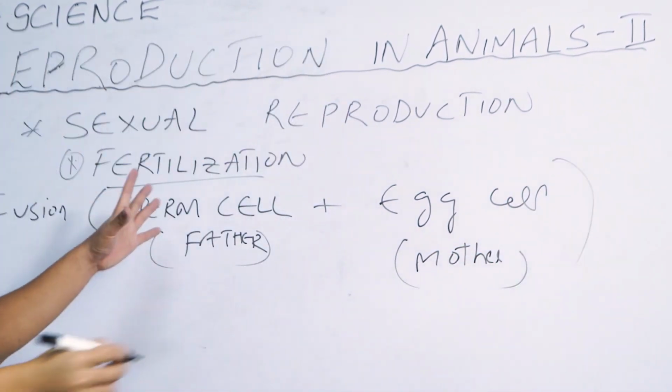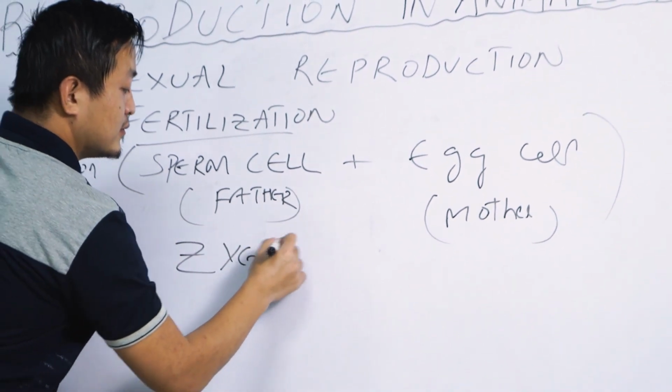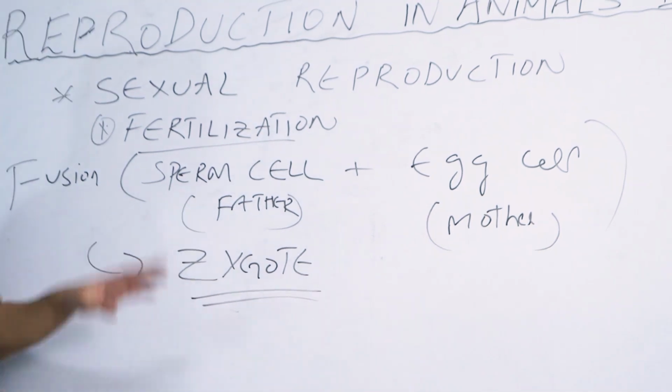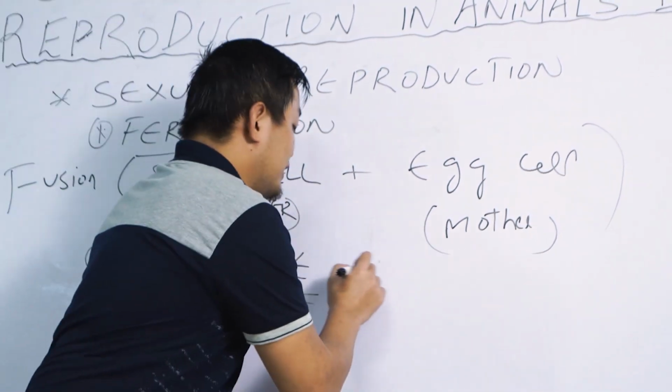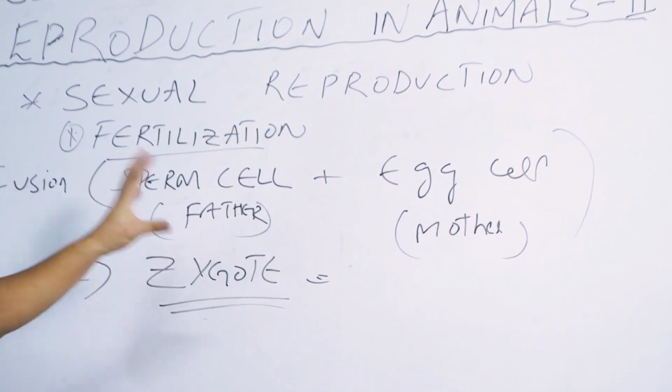This gives us a zygote. Zygote means the fusion of the sperm cell and egg cell.